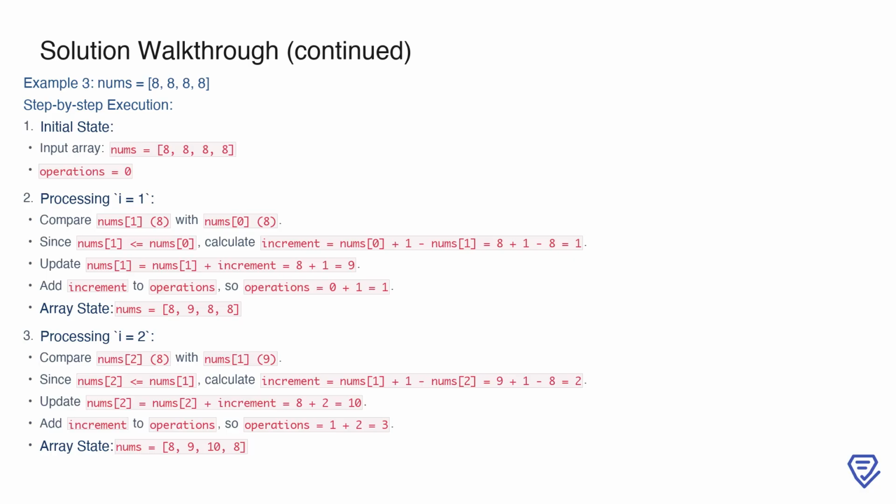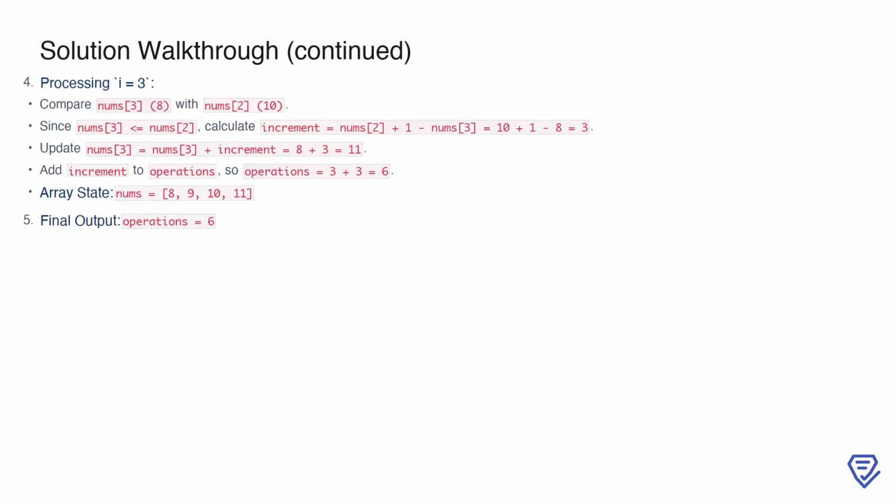At index 2, nums[2] is 8, which is less than nums[1], which is 9. The increment required is nums[1] + 1 - nums[2], which results in 2. We update nums[2] to 10, and the operations counter increases to 3. The updated array is [8, 9, 10, 8].